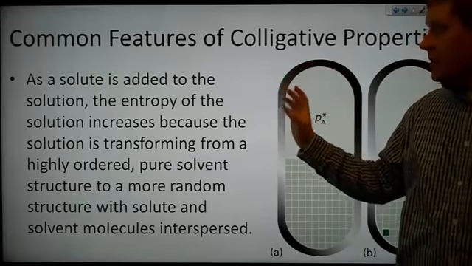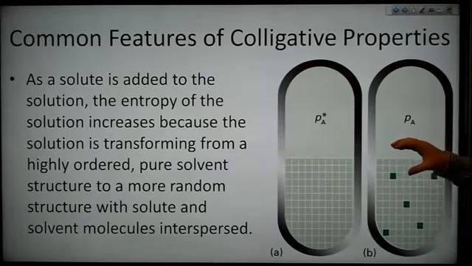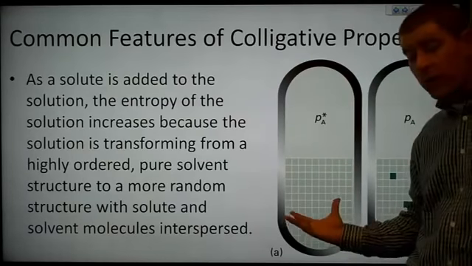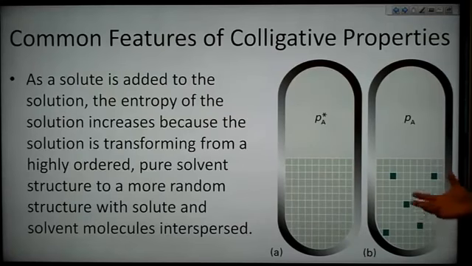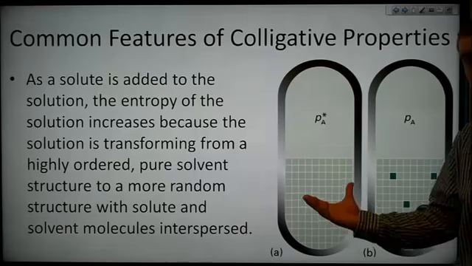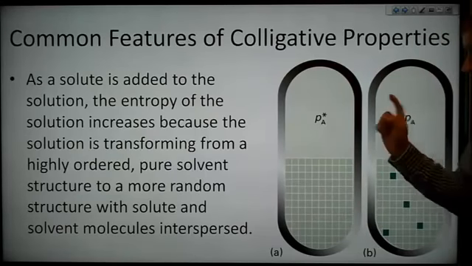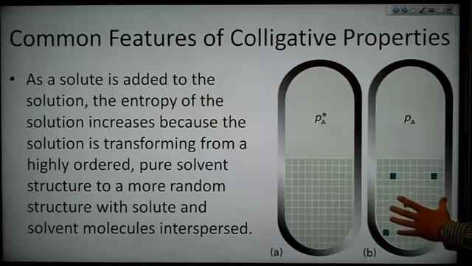So as we add a solute to the solution, the entropy of our solution is increasing because our solution is transforming from a highly ordered pure solvent state to a more random structure with solute and solvent molecules interspersed. And this means that now the entropy difference between the liquid phase and the gas phase is not as high for the solution, right?